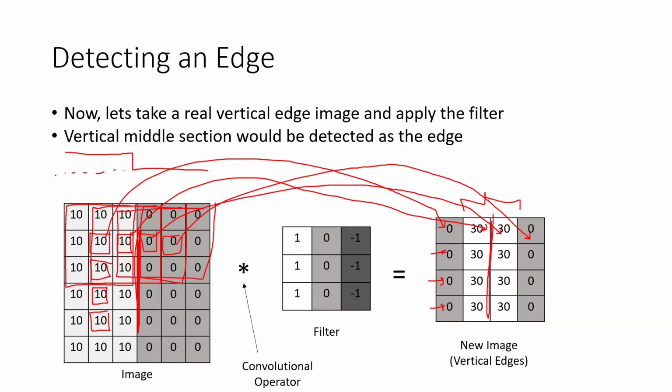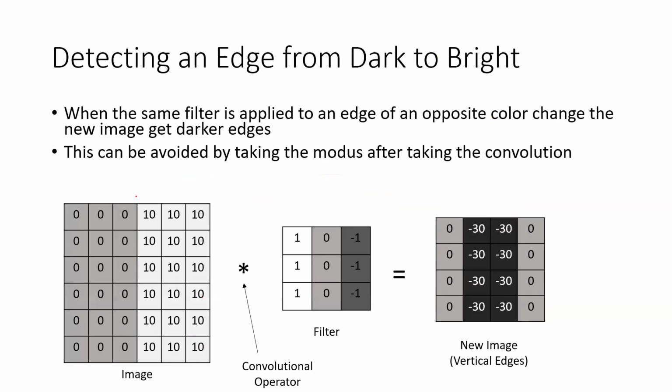This would be the 0, and this would be 10. So the color was suddenly dropped at this edge.